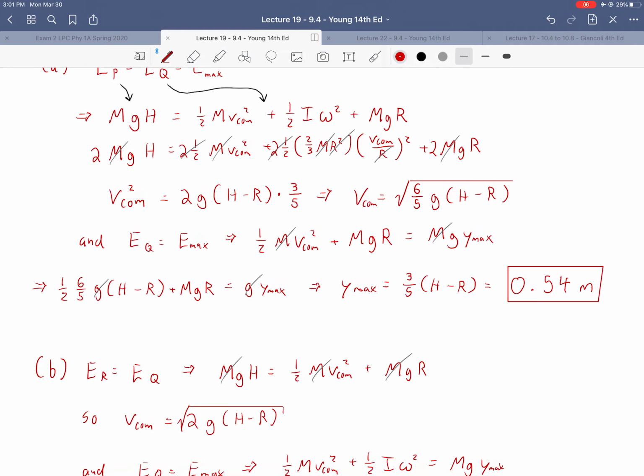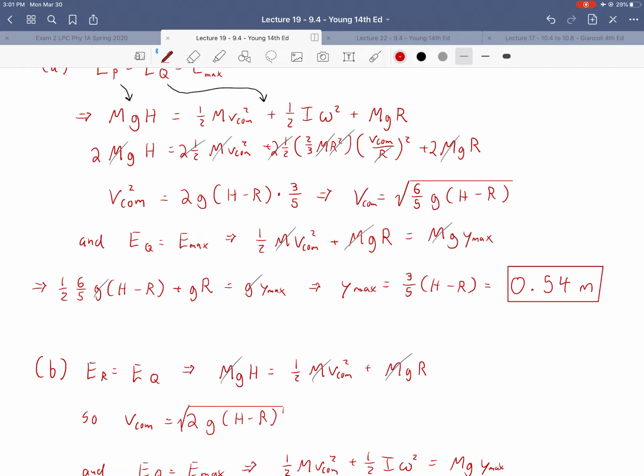It gets down there, but it's still got gravitational potential energy. This m would have canceled here. So this would just be GR. So plus GR, because that's the leftover potential energy.